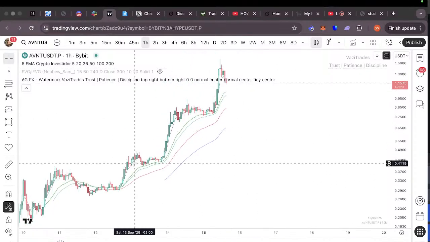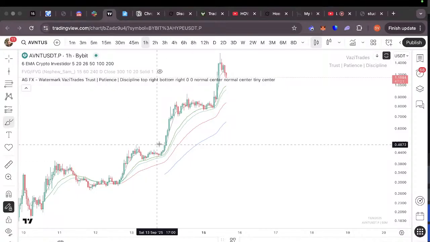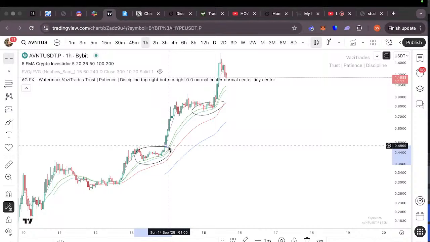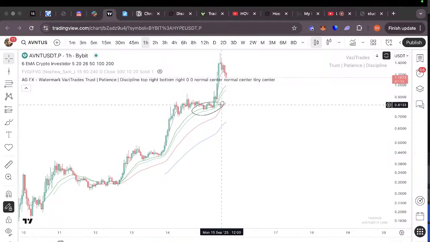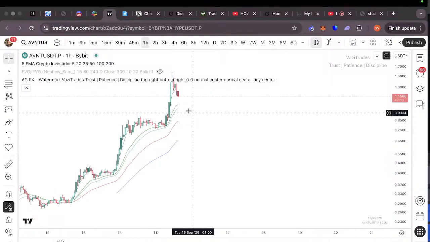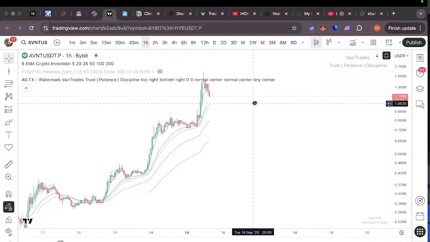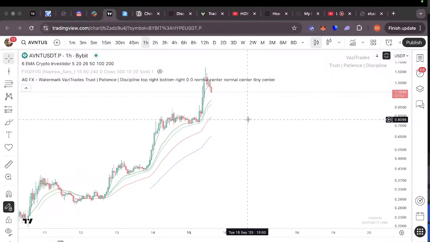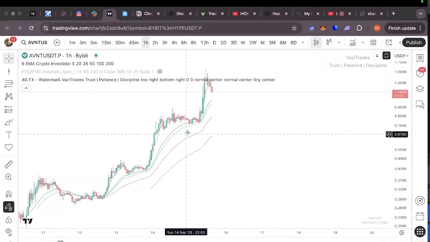Example for you again on this coin. You see how it was respecting every time, bouncing strongly whenever it was coming to the 20, 26. So which means if now the coin comes to these 20, 26 EMAs, this is a good interesting area for you to try to long, okay? Because so far the price was respecting these EMAs.